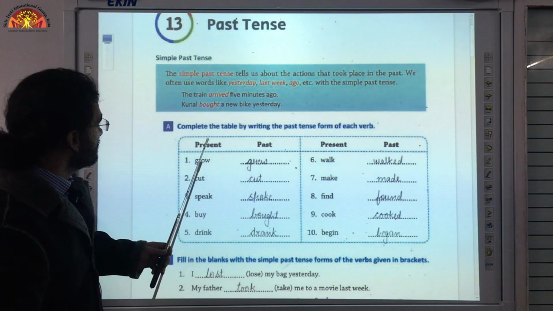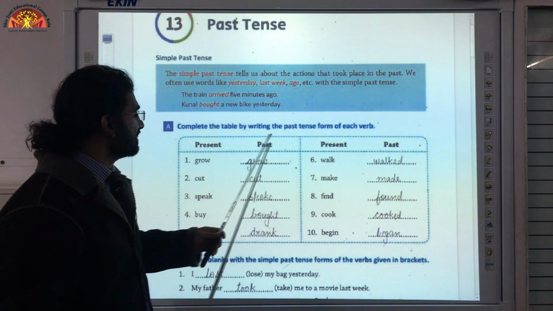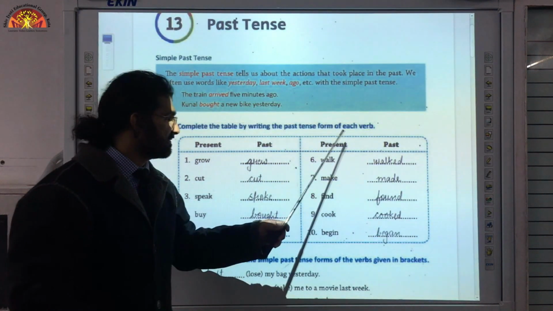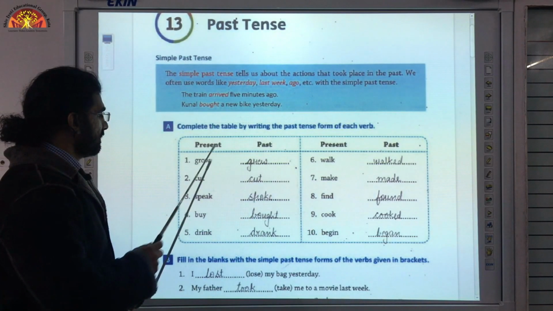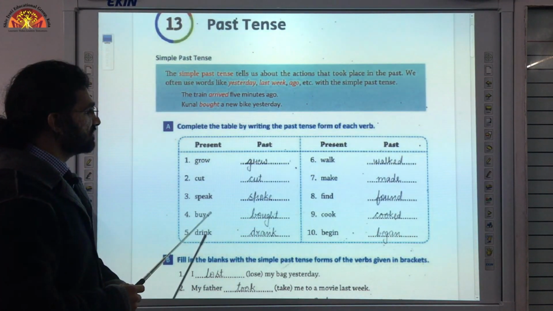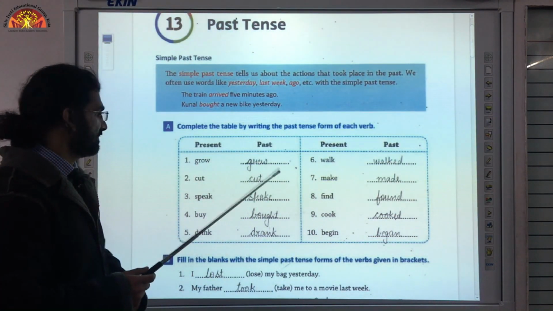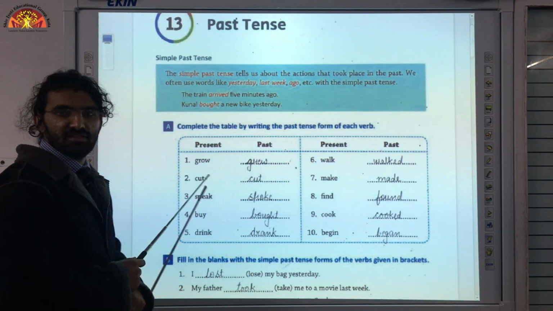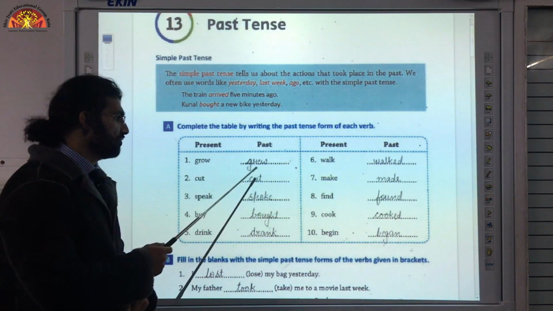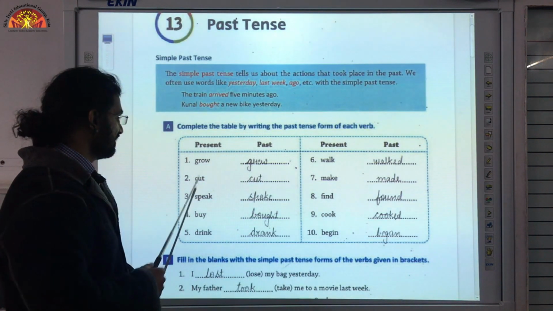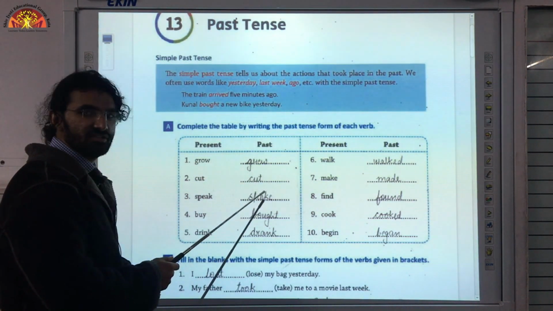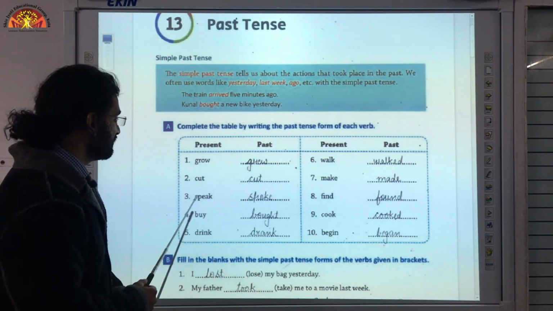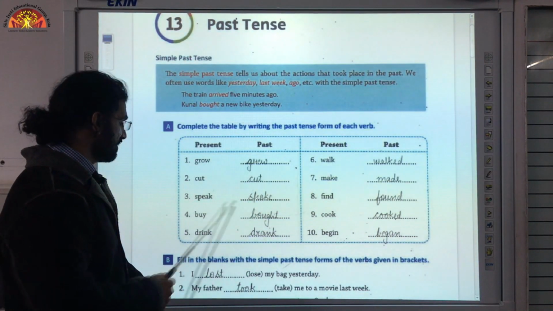Now we are going to see this table. Complete the table by writing the past tense form of each verb. Here we have 10 present forms of verbs, and we are going to see the past tense forms of them. Grow, this is present. Grew, past. Cut, the past tense form of cut is cut. No changes. Speak, spoke.